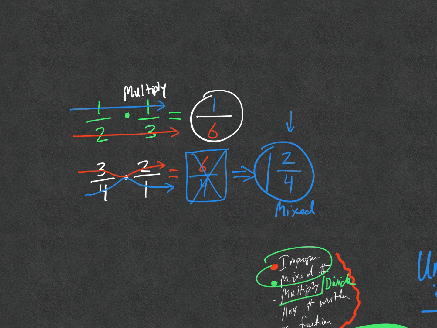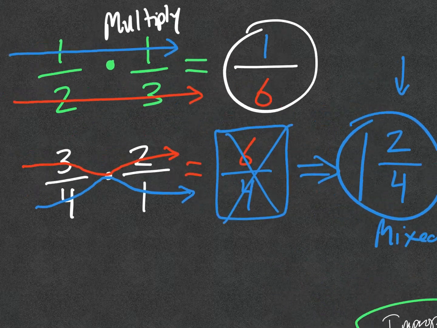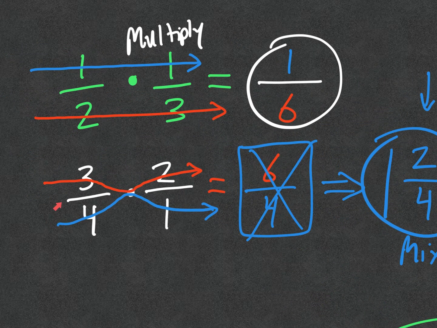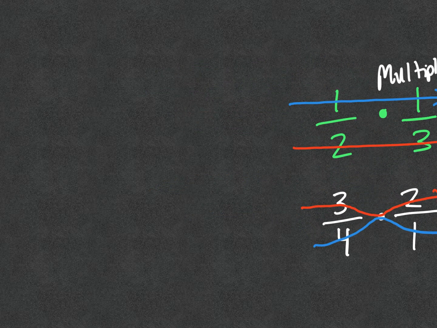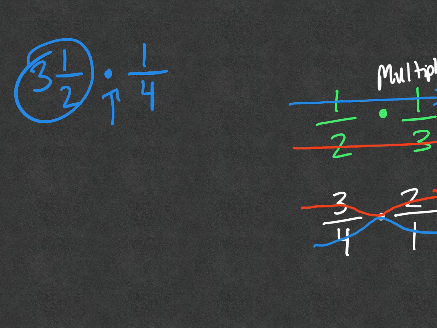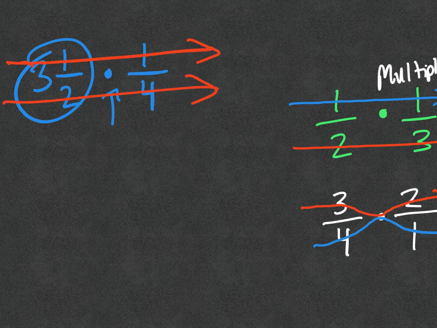All right, so that is how we multiply. So you'll notice when I was multiplying, all of these were in fraction form. They're not in mixed number. So if you have something as a mixed number, before you multiply, let's say you have 3 1/2 times 1/4, you want to turn mixed numbers into improper fractions, because then you can go straight across, straight across, straight across.